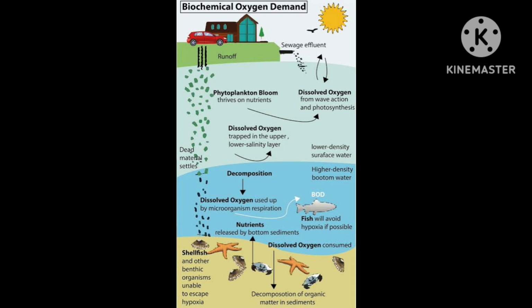Then its total formula is 3Ca3(PO4)2·Ca(OH)2. That's why it is called hydroxyapatite. Then it is present in the enamel of the teeth.